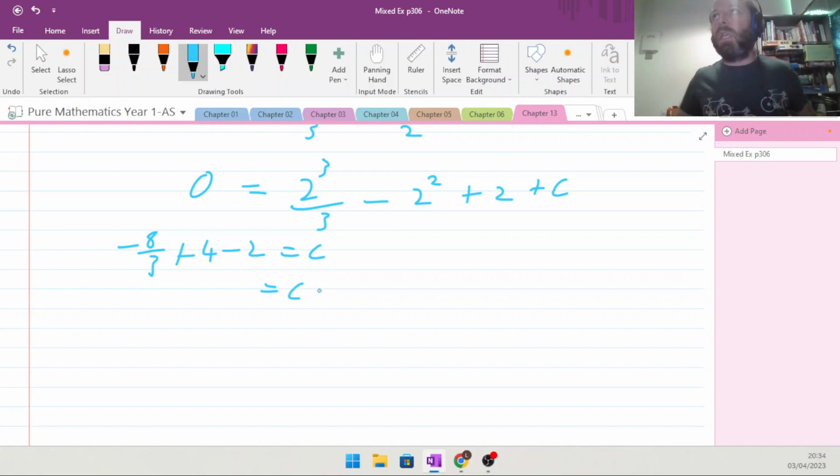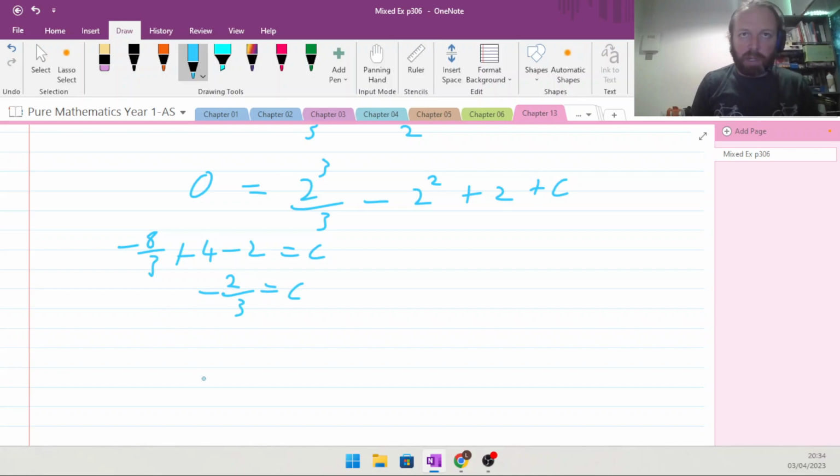Therefore, c is equal to, and sometimes with these, after doing so much, it's definitely worth using a calculator to do some of the basic arithmetic, because that's where I see so many mistakes happen. Okay, so minus 2/3.